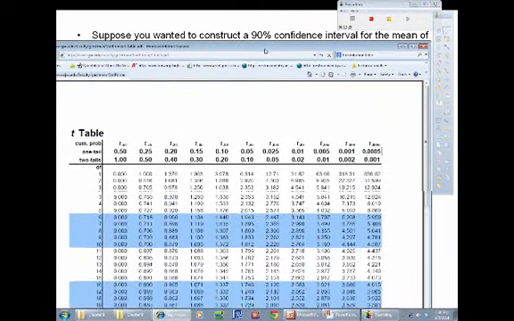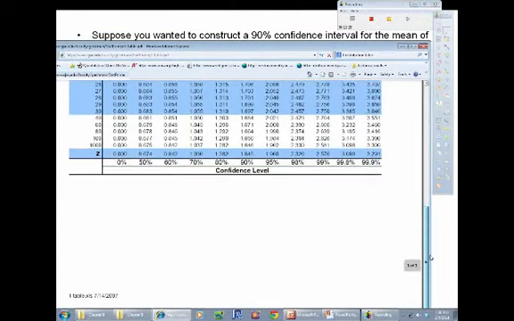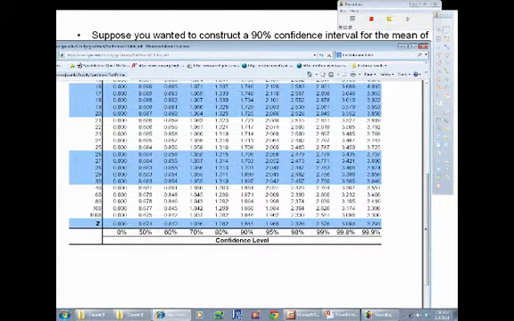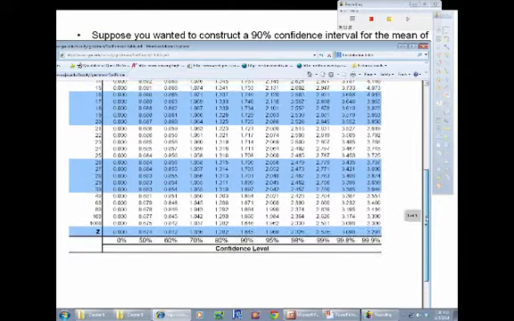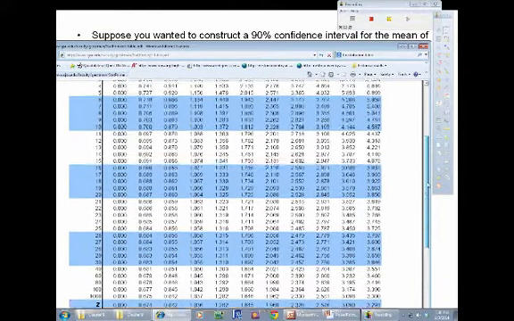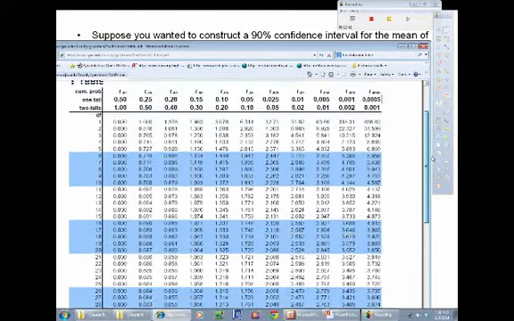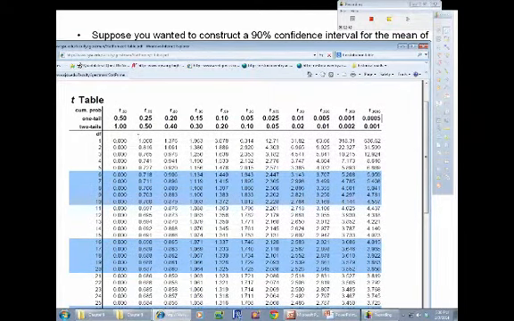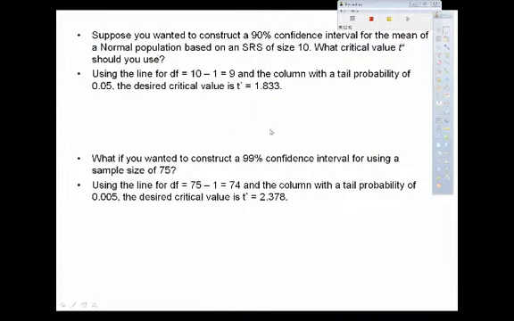If you look down here at the bottom, it shows you that that's the 90% confidence level. Our table in our book looks a little bit different, but it does have the 90 at the bottom. We're going to use 9 for our degrees of freedom and 1.833 for our T star.